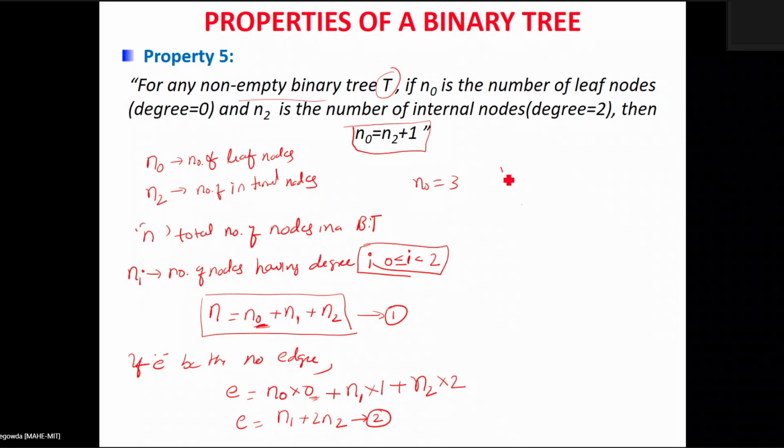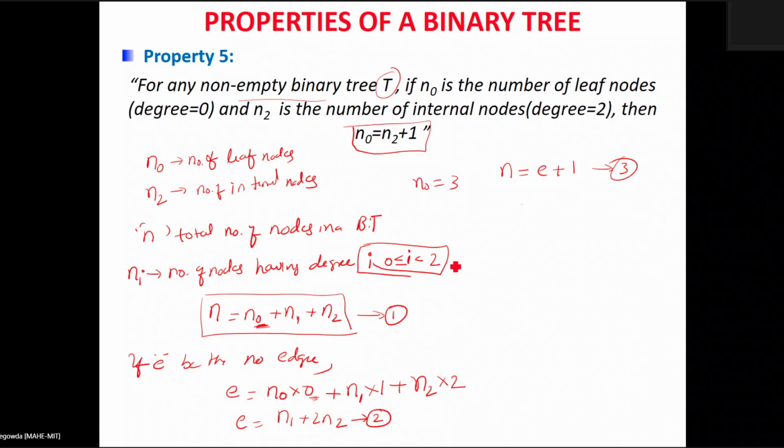But from the previous property, we know that n is equal to E plus 1. I am able to calculate the number of nodes in a given binary tree by using the number of edges. So that is nothing but n is equal to e plus 1. I'll call this equation 3. This is from the previous property. Now let's see what equations I have.